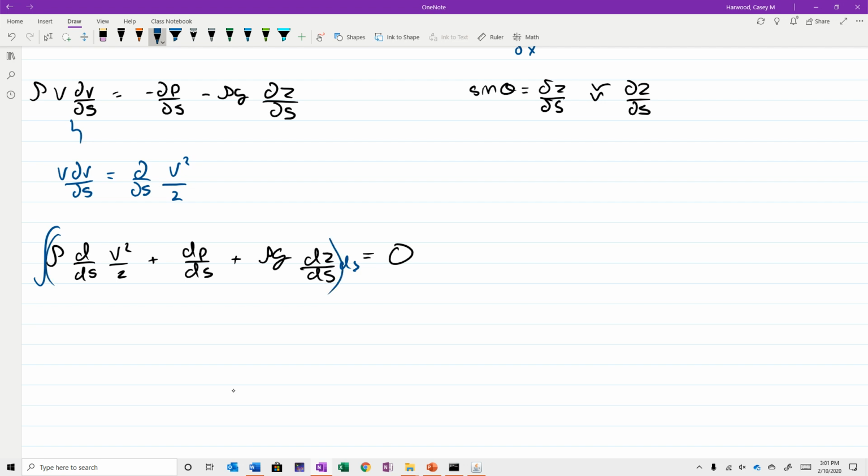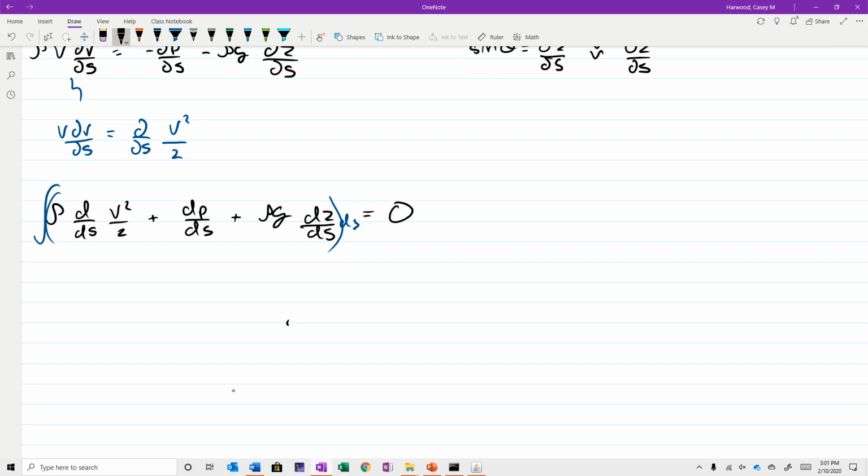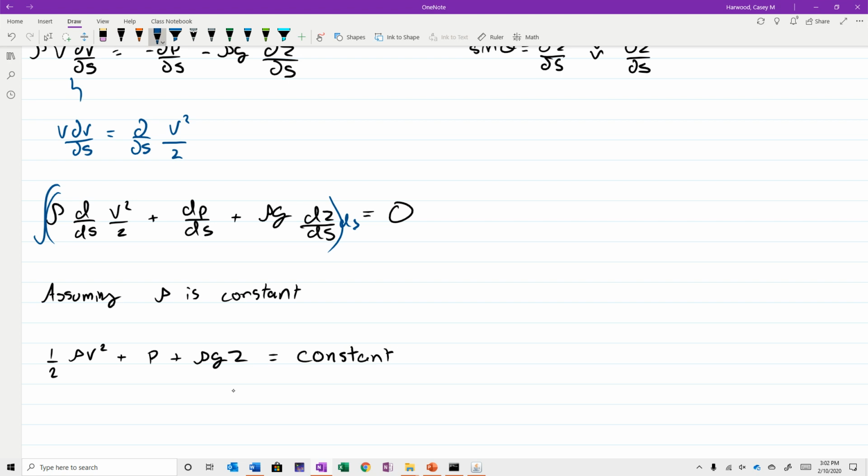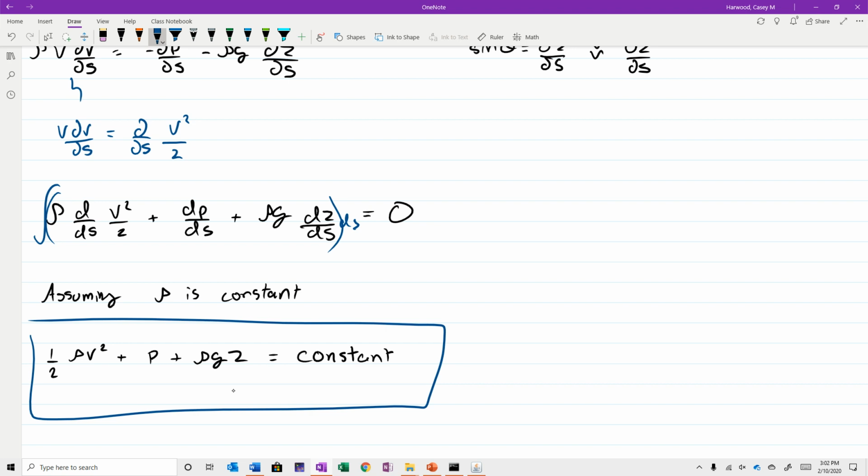So integrating with respect to s here, and assuming that rho is constant, we get one half rho v squared plus p plus rho g z is equal to a constant.